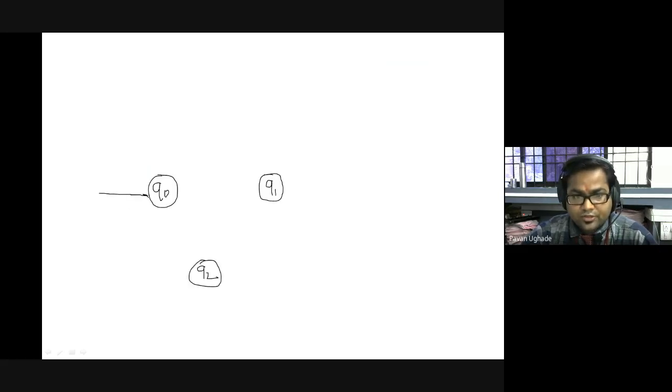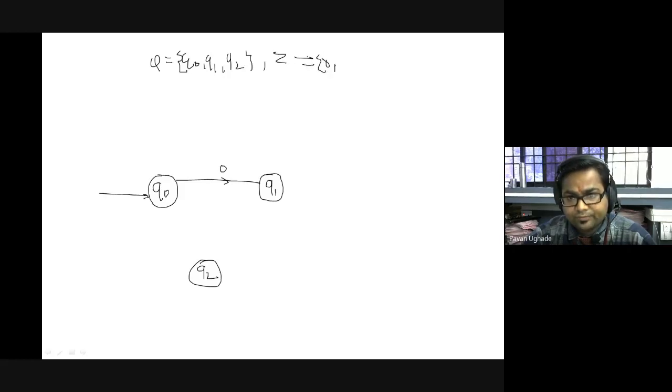Please try to understand, guys. From q0, I have a transition over 0. Here my states are q0, q1, and q2, while my alphabets are 0 and 1. This is a very important concept that I'm going to teach you.